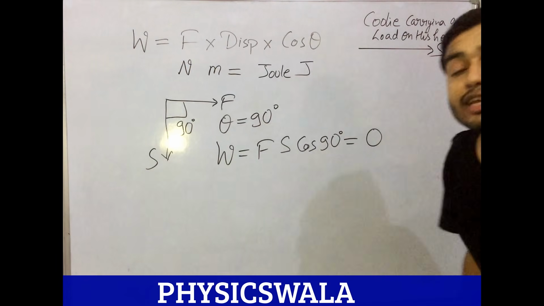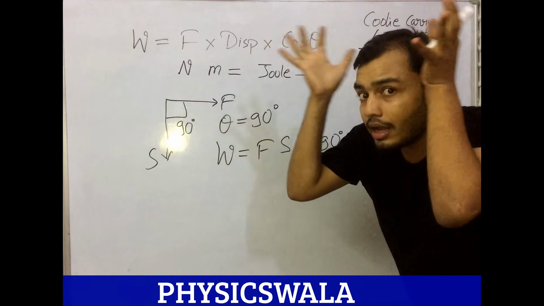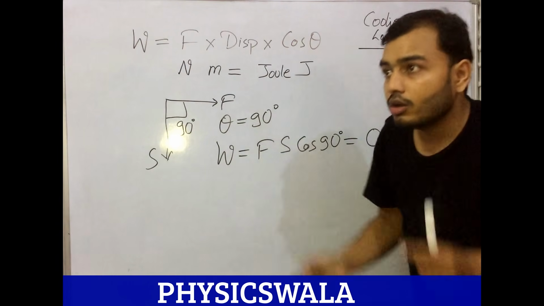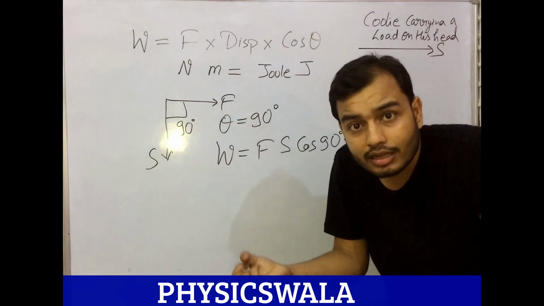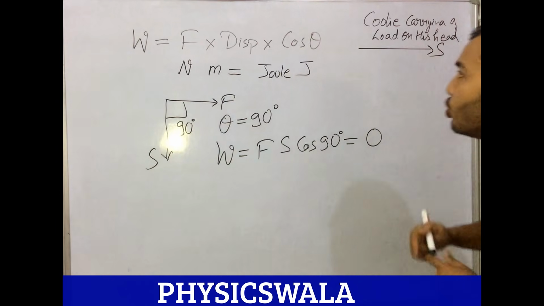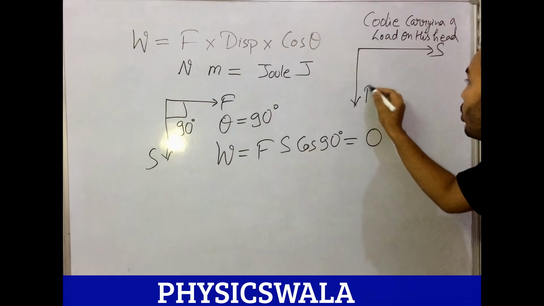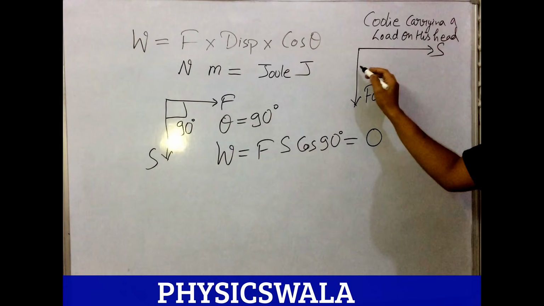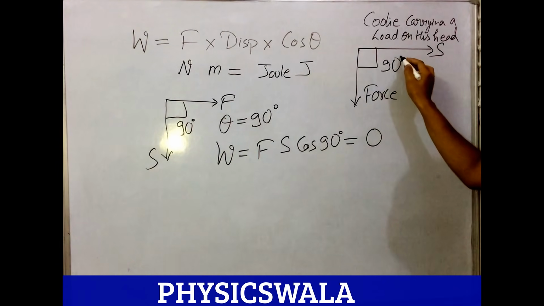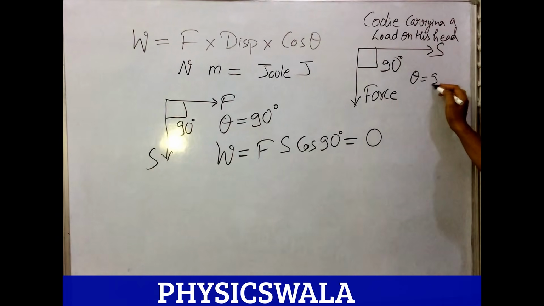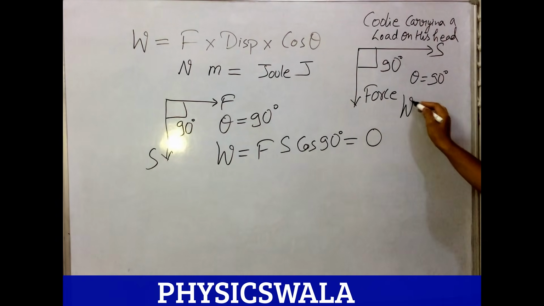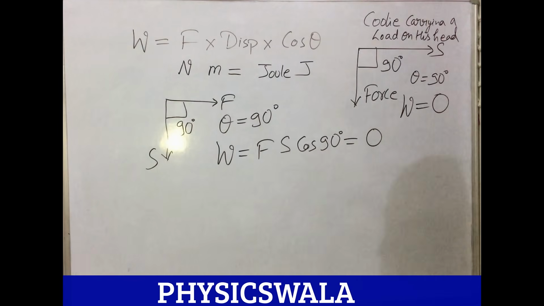And what is the direction of force on this load, this weight? Vertically downwards, because of earth. The gravity of earth pulls this load. So this is the direction of force. So what is the angle between them? Yes, 90 degrees. So theta is 90 and immediately you can say work done is 0.